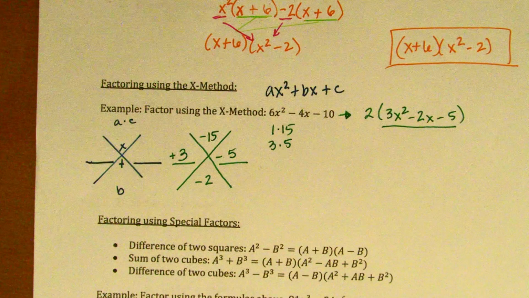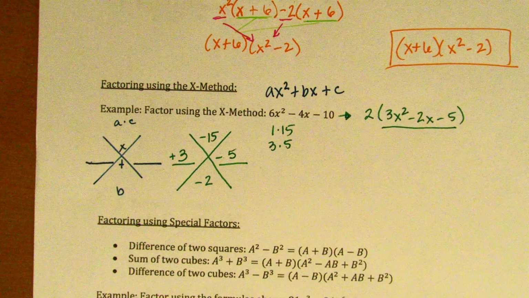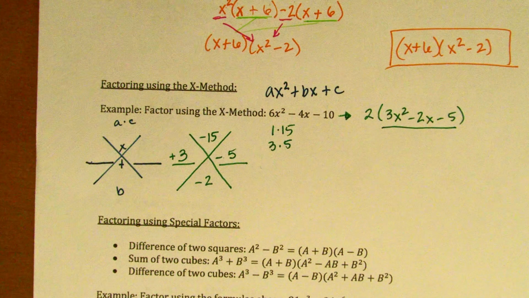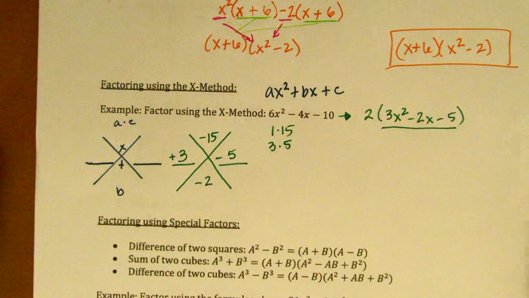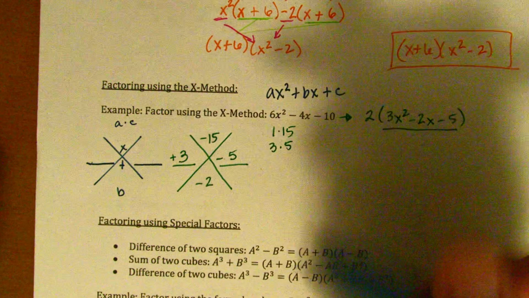So far, this probably looks like a method you've seen before. Most students have seen a method kind of like this, but this is where this method is going to take a different turn than what you've seen before. From here, we're going to move into writing this in factored form.